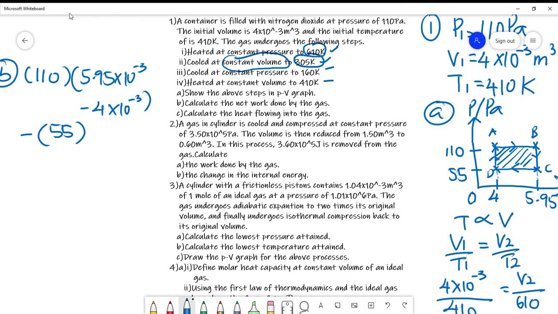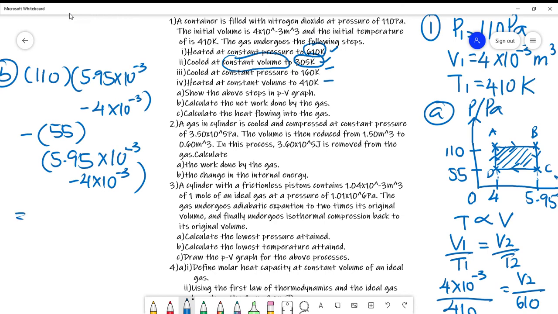So the big rectangle minus the small rectangle. This is the same, minus 4 times 10 to the power negative 3.